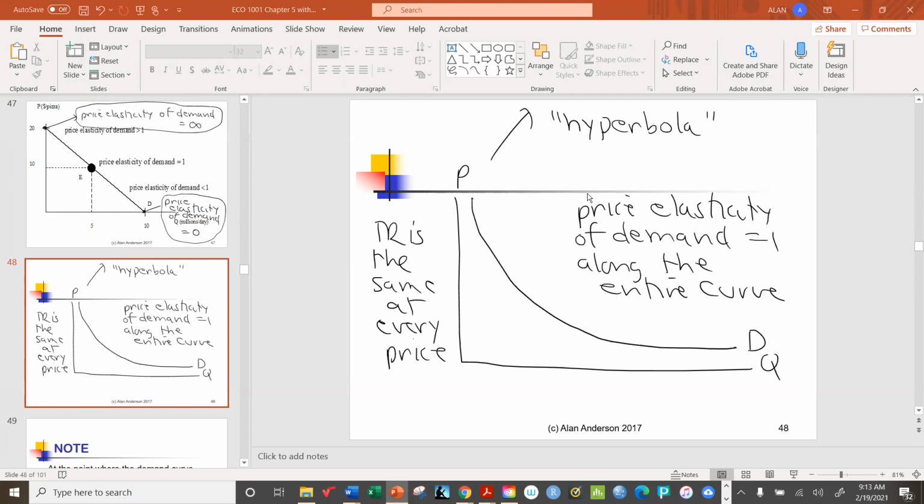This is unit elastic. This curve, we have a good that is unit elastic at every price.